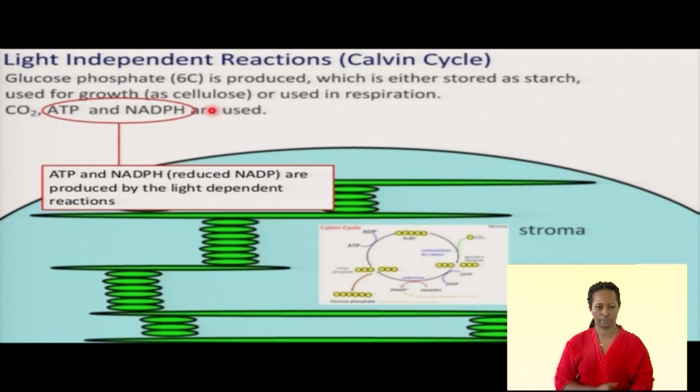So in one go, the glucose 6-phosphate, which is a carbon compound, 6 atoms of carbon being produced, will be looked at in terms of what it is going to serve. 1, as starch for storage. 2, ATP.